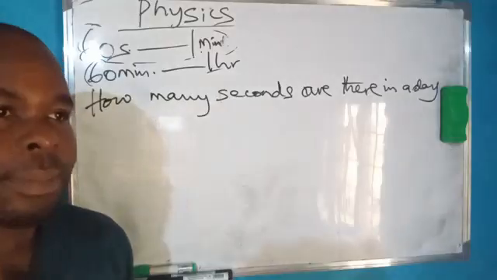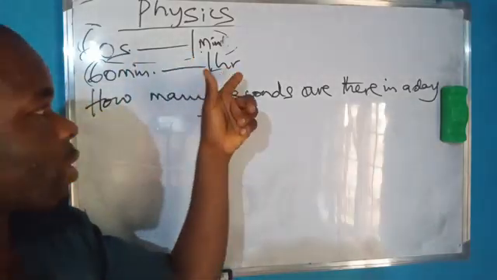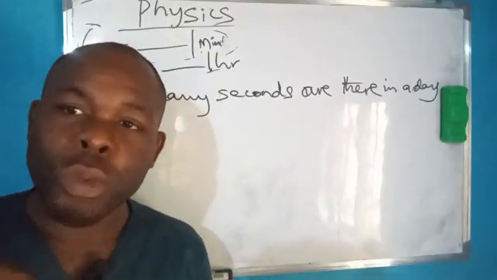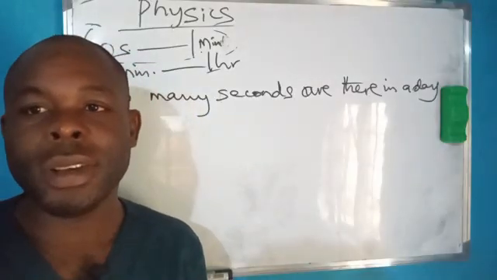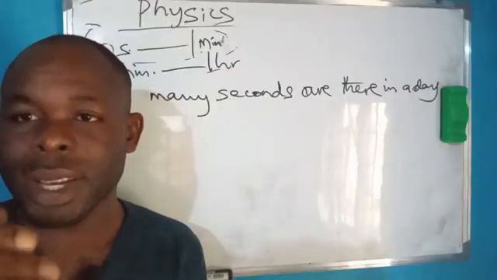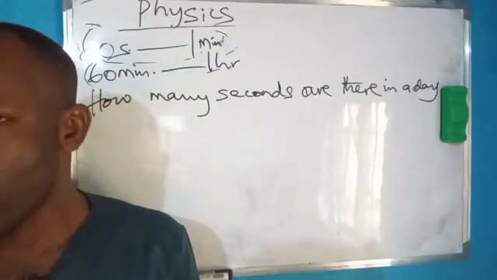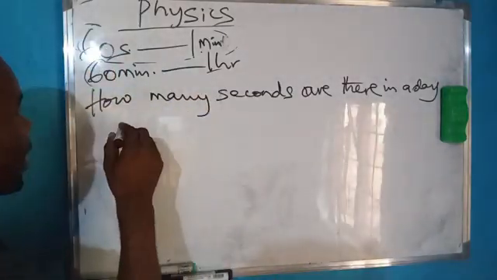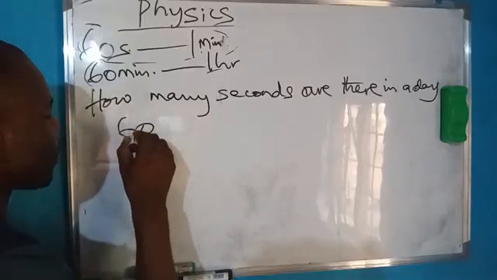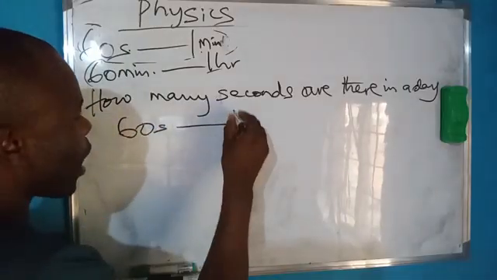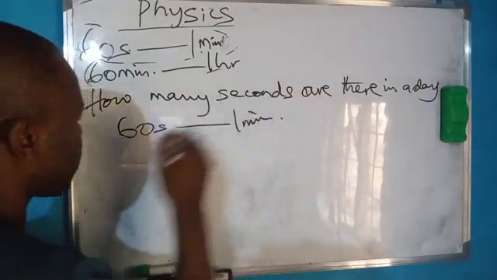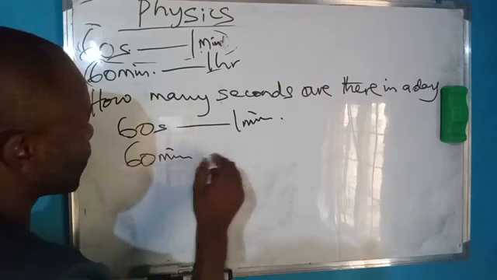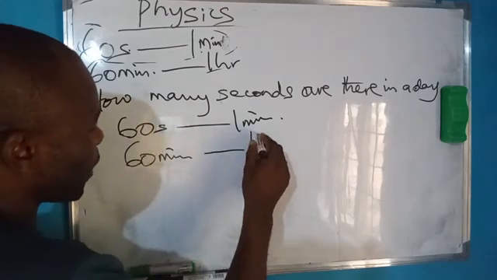But just note that since 60 seconds can give us 1 minute, 60 minutes can give us 1 hour. It means, look guys, 60 seconds make 1 minute, but 60 minutes make 1 hour.